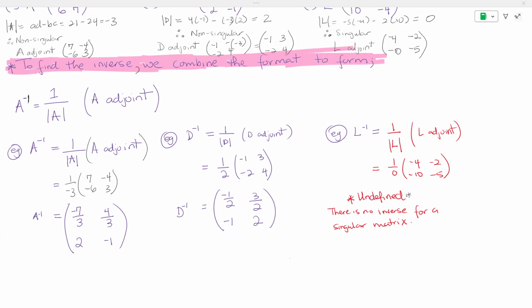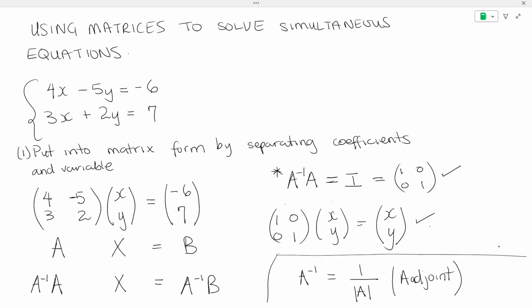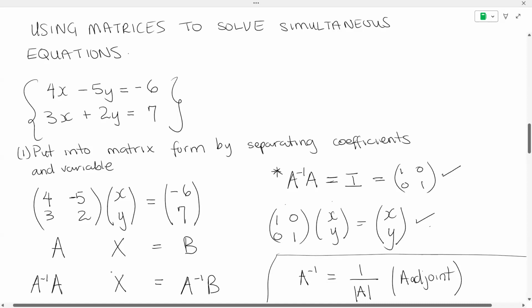So, all right, what we're going to do is simultaneous equations using matrices, or solving a simultaneous equation using the matrix method. It is not difficult because it consists of the inverse. So they'll give you a simultaneous equation and they'll tell you, use the matrix method to solve this simultaneous equation.